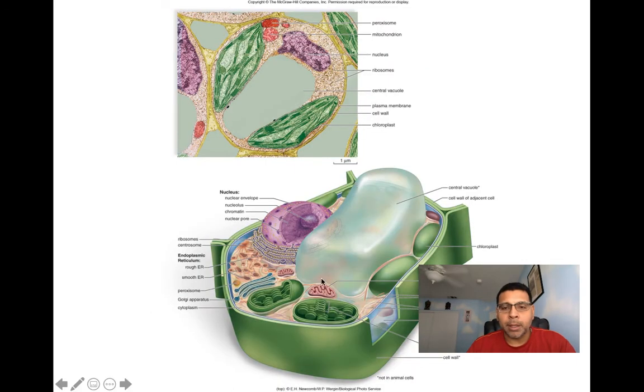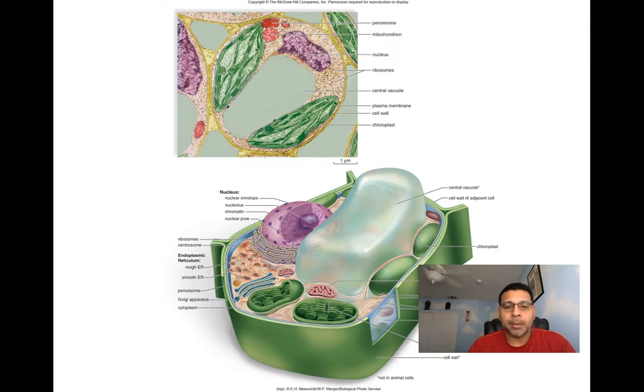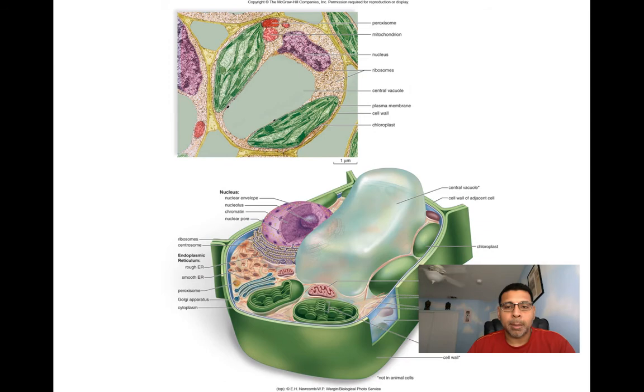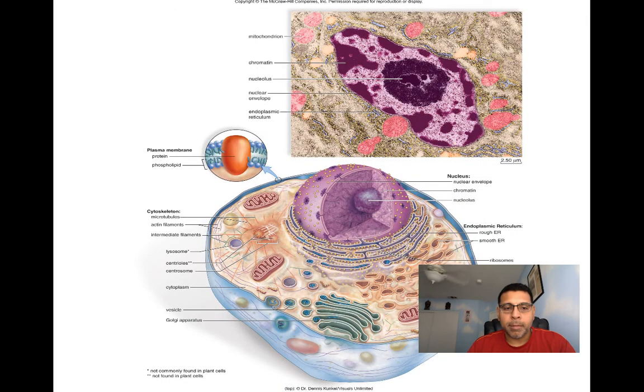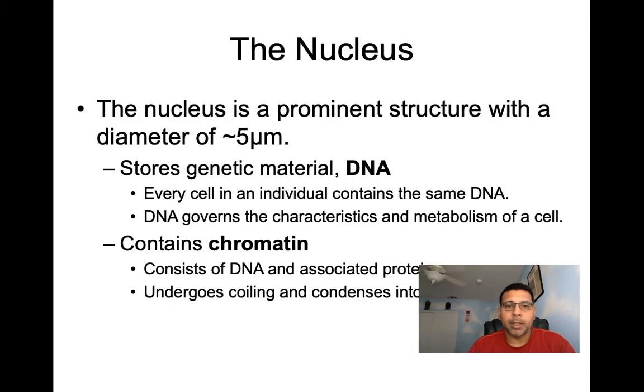You can see mitochondria, and you can see the central vacuole. Again, we don't have that, but plants do. Both are eukaryotic cells, animal cell and plant cell, so compare and contrast the two.